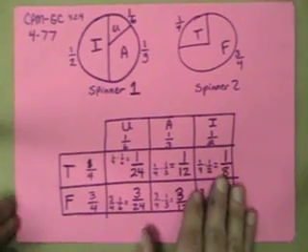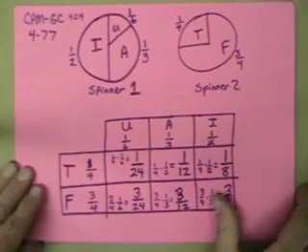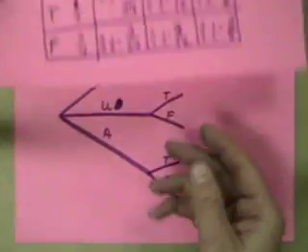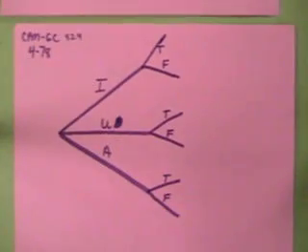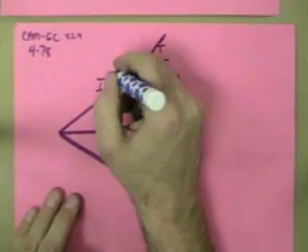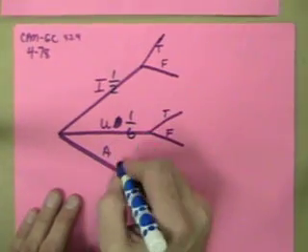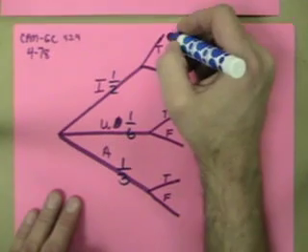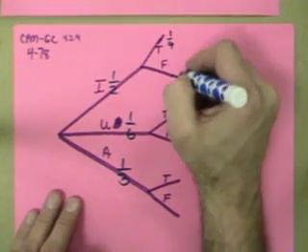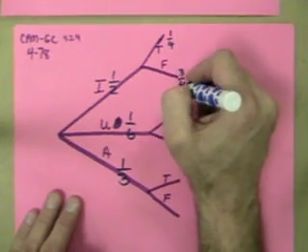Well, how might this look different if I were to use a tree diagram? If I were to use a tree diagram, I'd put in my values. I is 1/2, U is 1/6, A is 1/3, and then my true is 1/4 and false is 3/4.